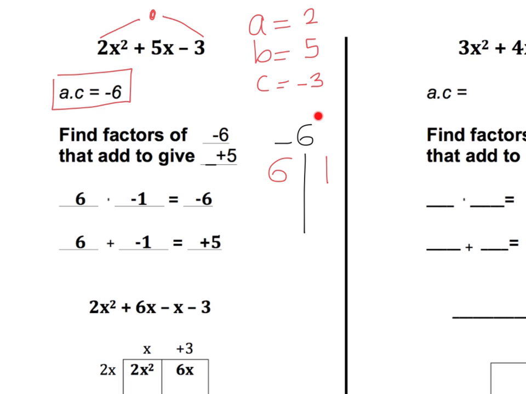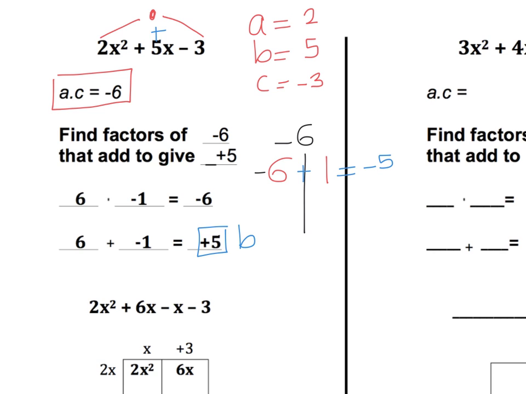But it didn't give me negative 6, so what do I need to do? One of them has to be a negative. So negative 6 times 1 is a negative 6. Now let's see if that is going to add up to give me 5, because this is what I want. That's my b value. So I need something that would add to the b value. Negative 6 plus 1 is a negative 5.